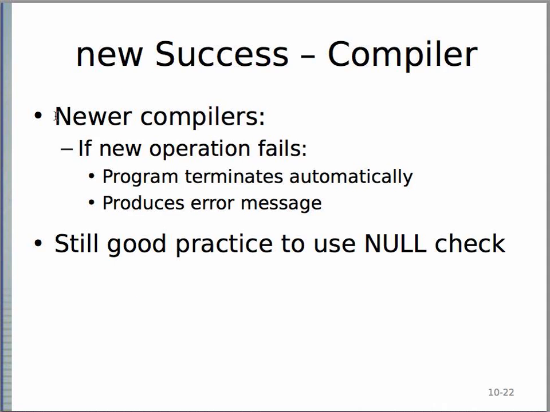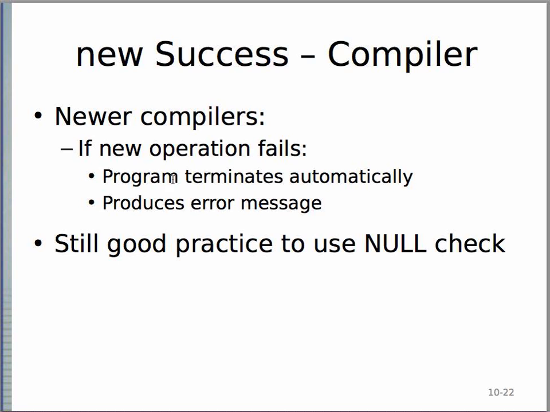So that was the case in older compilers. In newer compilers, if the new operation fails, right now it'll be set up to, I believe, just completely stop. The program will just stop, and sometimes you don't even see error messages in Eclipse. But if you run it on the command line, you will see segmentation fault or something like that, saying that there was no more memory.